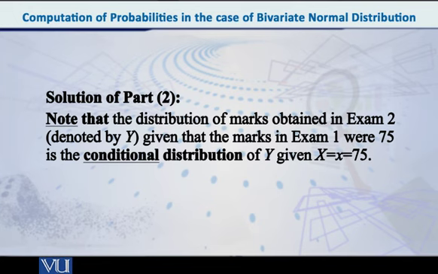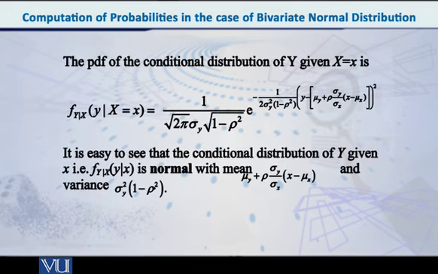And what is that PDF? As you can see now on the screen, f of y given x is equal to 1 over square root of 2 pi into sigma tilde y into e raised to minus 1 by 2 sigma tilde y square, and this entity multiplied by y minus mu tilde y whole square. और इसके अंदर, sigma tilde y is equal to what?